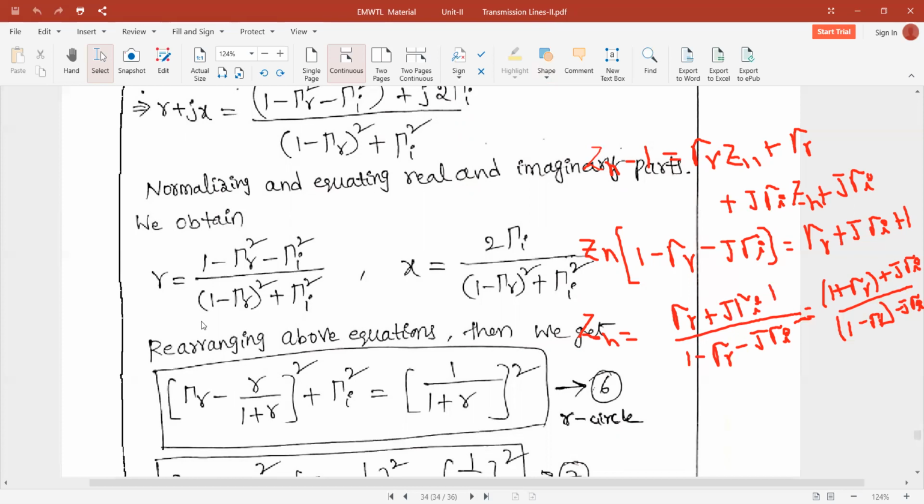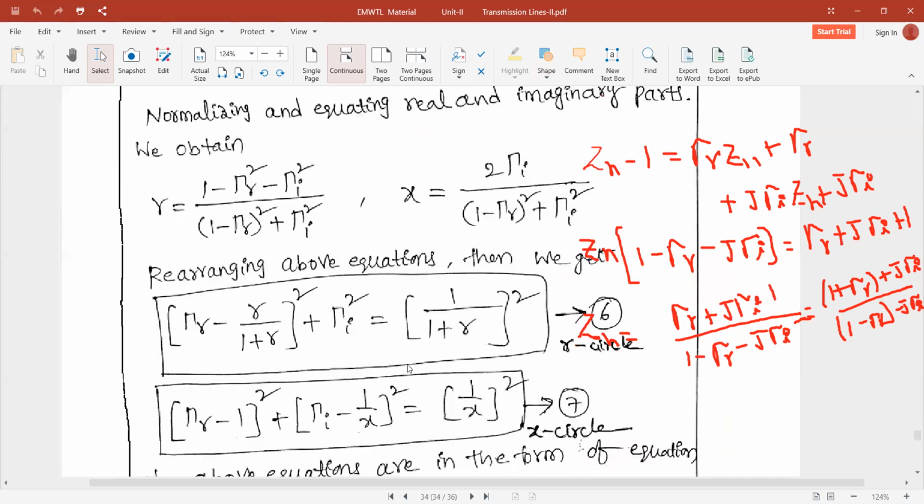gamma r is equal to, in terms of the gamma r minus term and gamma I minus term, nothing but A and B, and here the R square.